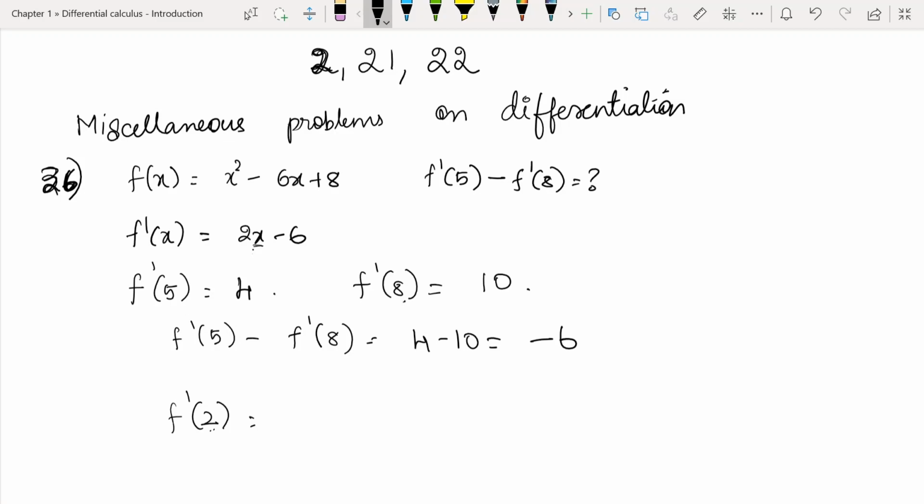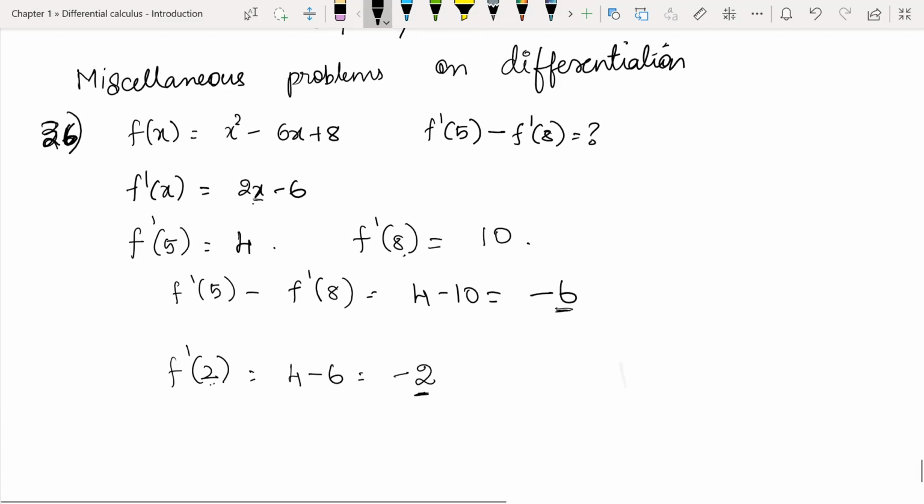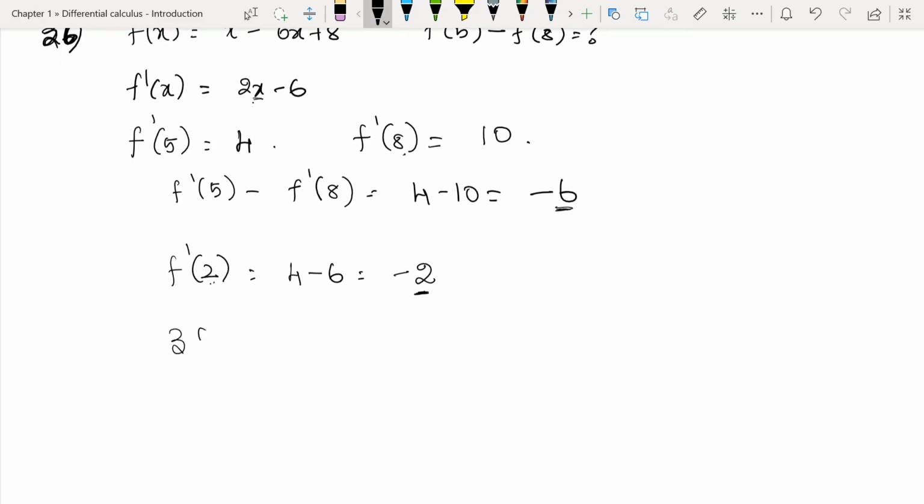Substitute 2 in this: 2 2s are 4, 4 minus 6 is minus 2. So we have a minus 2 here and a minus 6 here. If I multiply this with 3, I would get minus 6, which means 3 times f dash of 2 is nothing but 3 into minus 2, which is minus 6. So my answer is 3 times f dash of 2, option B.